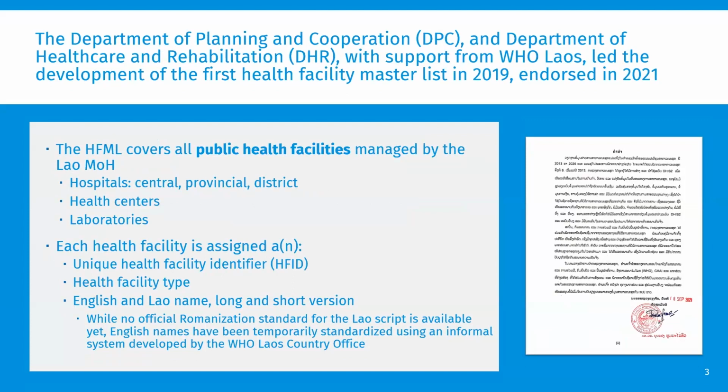We started to establish this in 2019, and it was endorsed in 2021. It was developed by the Department of Planning and Cooperation so far, but right now the Department of Planning and Finance and the Department of Healthcare cooperate together to develop this, supported by WHO Laos.